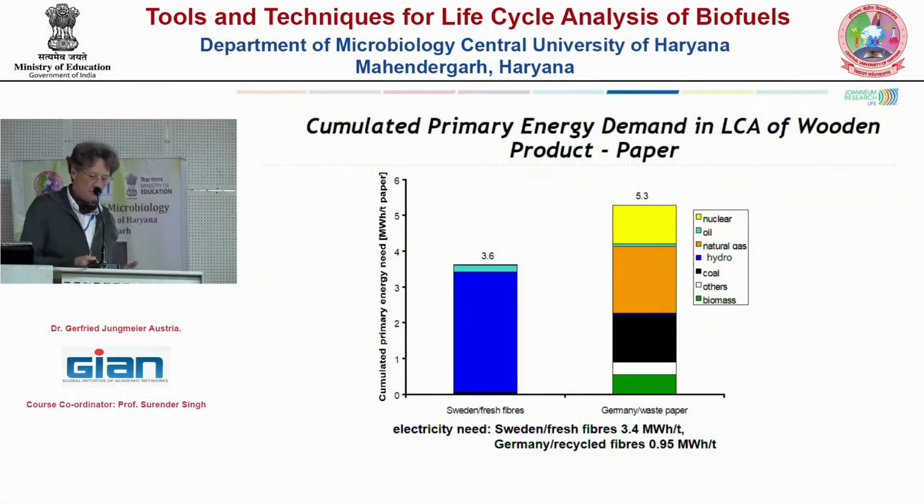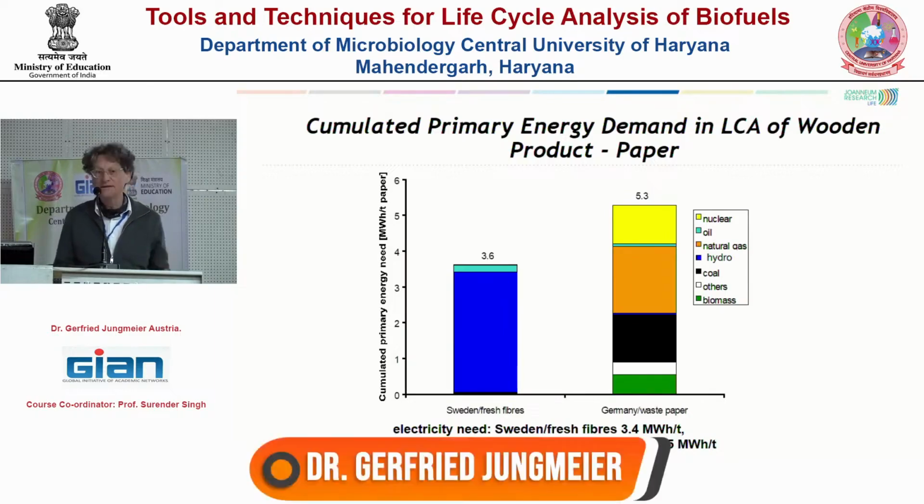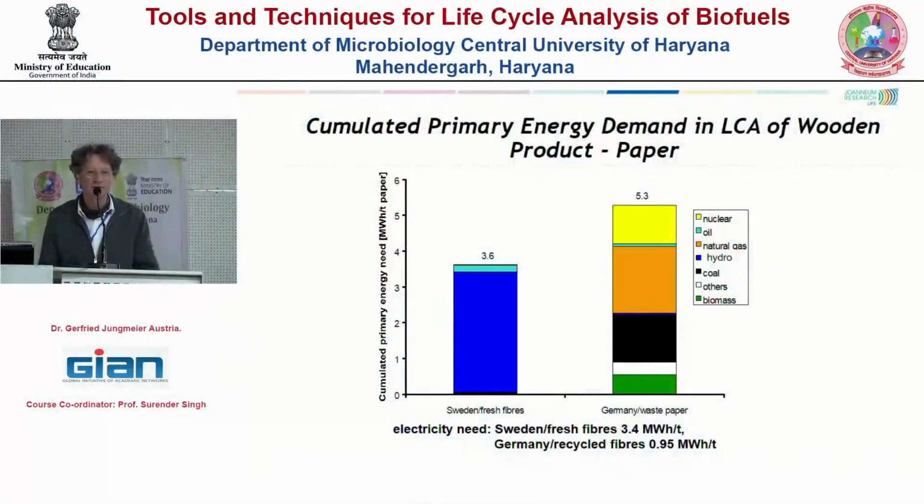You always have to go back to the primary energy demand. That's why it's so important, because that's the only metric to measure energy efficiency. And we heard Monday morning, energy efficiency is key in all sectors to reach our goals on climate protection and the reduction of greenhouse gases.